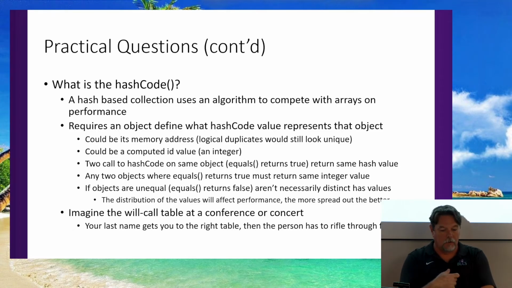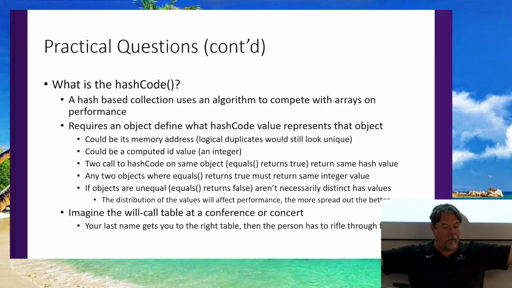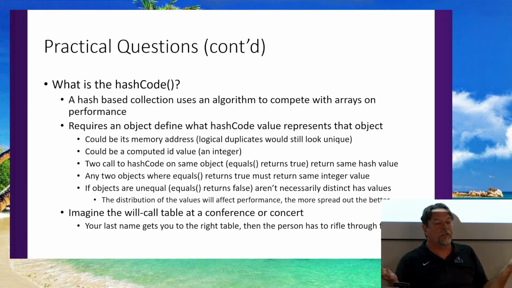The beauty of this is we have a way of creating the hash code that is distributed as evenly as possible across all those tables. Even using some algorithm like, let's take the first letter of the last name. Well, that's not going to be distributed evenly, is it?